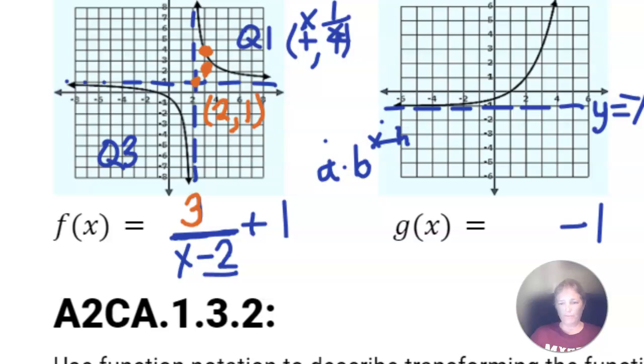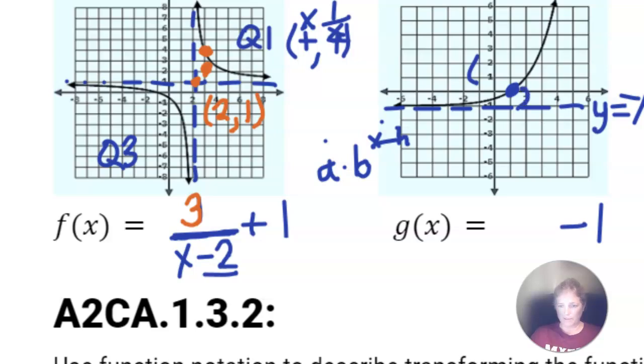But we have to identify what the b is. Now, normally in our parent function, the point that is 1 above our asymptote is our y-intercept, 0, 1. But in this case, it's not 0, 1. The actual point ends up being 1, 0, which is weird. But it's 1 above the asymptote.